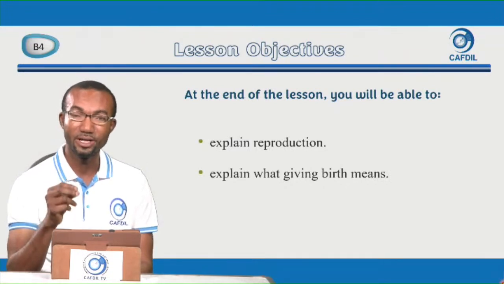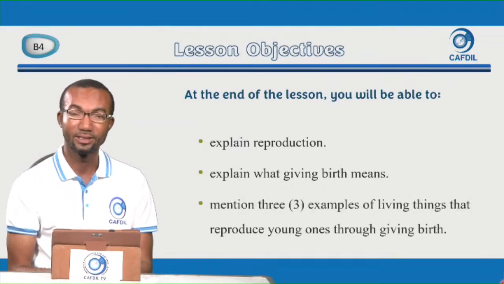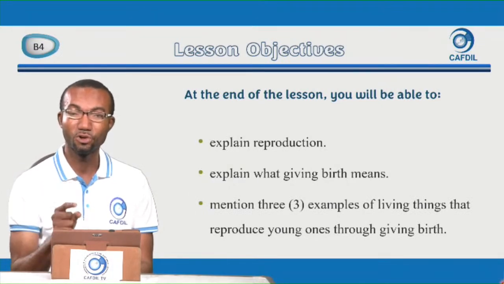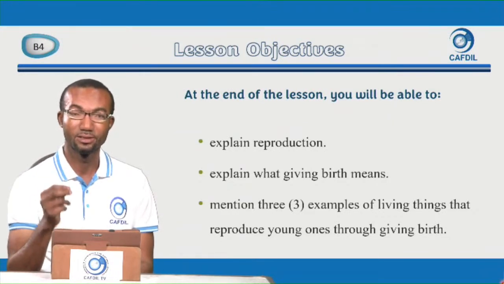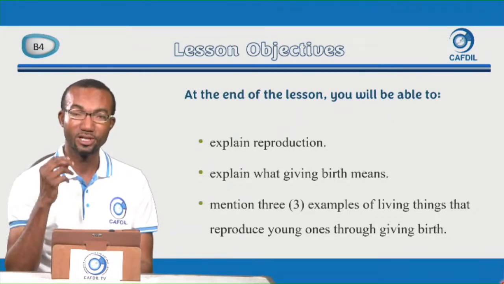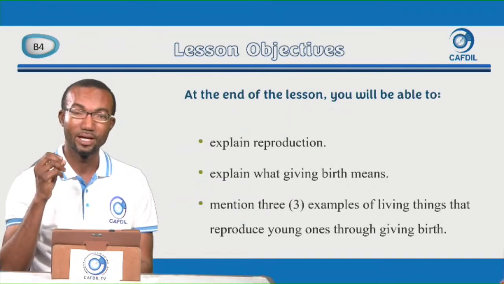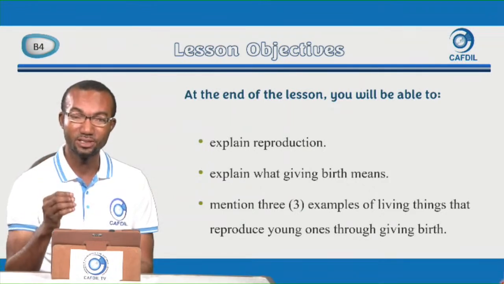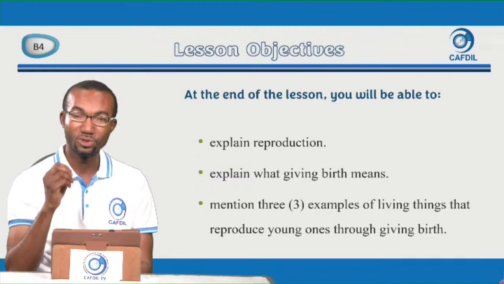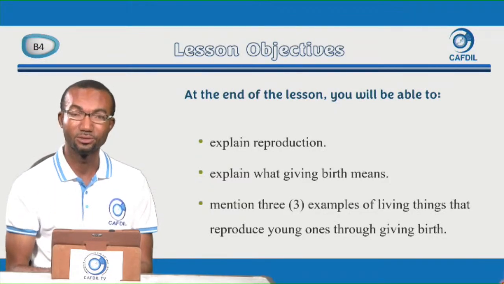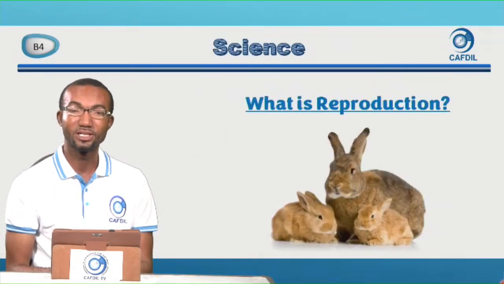And 3. Mention 3 examples of living things that reproduce young ones through giving birth. Good. Now let's begin the lesson.